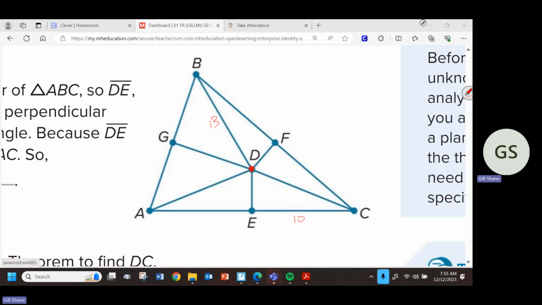And I would say solve for DE. That's the highest level of difficulty.